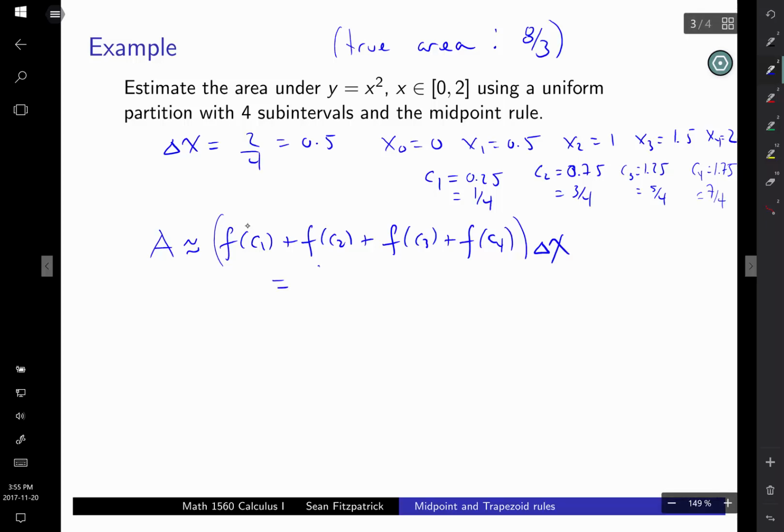This comes out to be 1/4 squared, 1 over 16, 3/4 squared, 9 over 16, 5/4 squared, 25 over 16, and 7/4 squared, so 49 over 16, times 1/2. And so that is going to come out to be, 49 plus 25 is 74, plus 9 more is 83, plus 1 is 84, and 16 times 2 is 32, so 84 over 32.